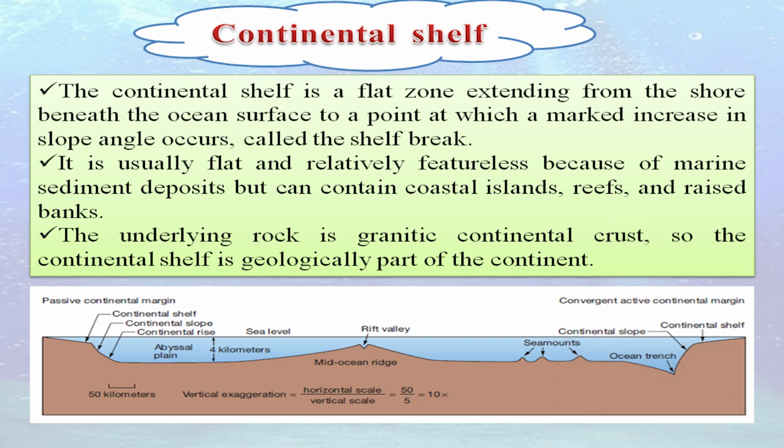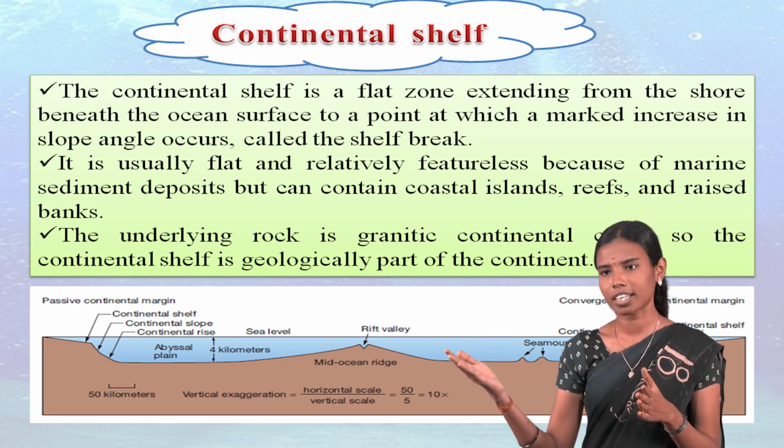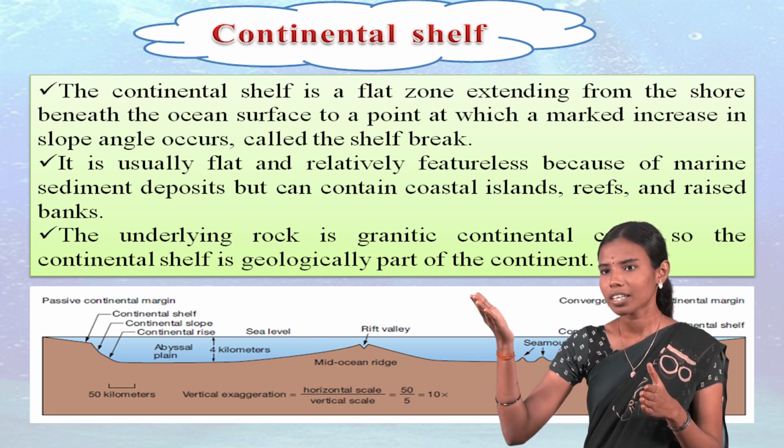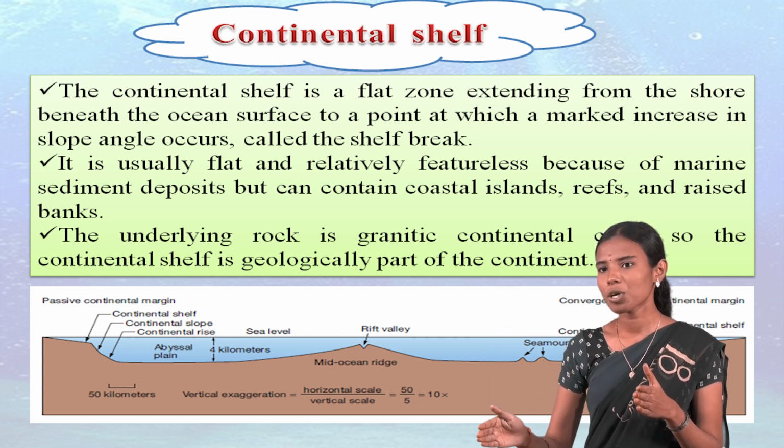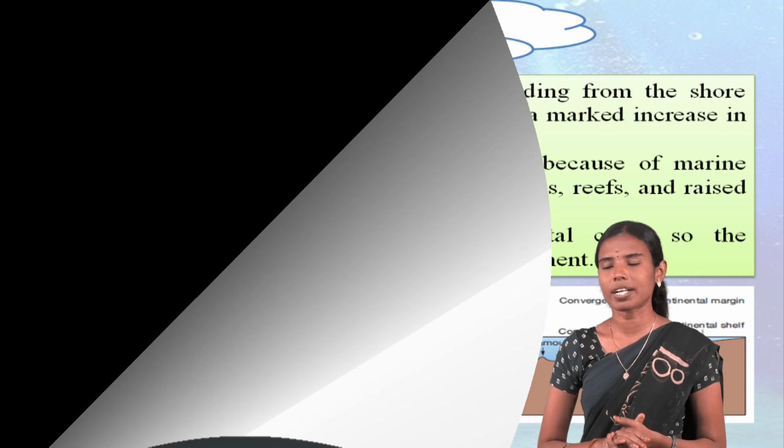In this picture, you can see the passive continental margin and the active continental margin. In the passive continental margin, you can see the continental shelf, then slope, then rise. After that, abyssal plains and rift valleys are there. But in the case of the convergent active continental margin, after the continental shelf, a deep valley called an oceanic trench is present.